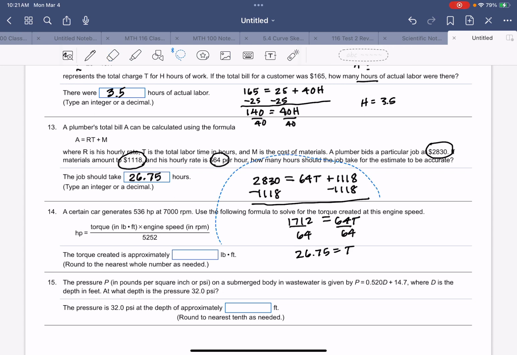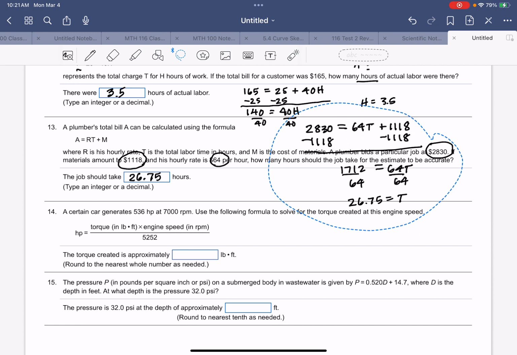Example 14. A certain car generates 536 horsepower at 7,000 RPMs. Use the following formula to solve for the torque created at this engine speed. So horsepower is torque times engine speed divided by 5252.